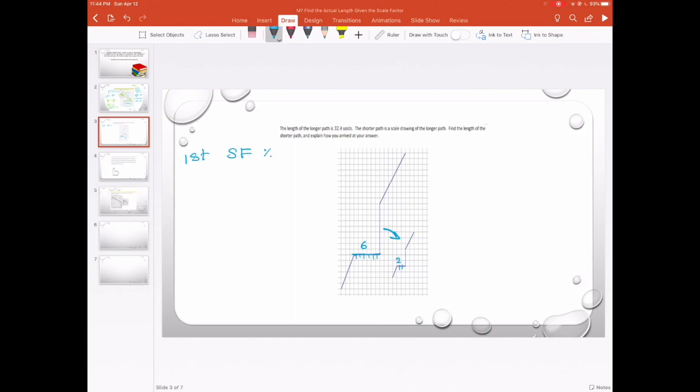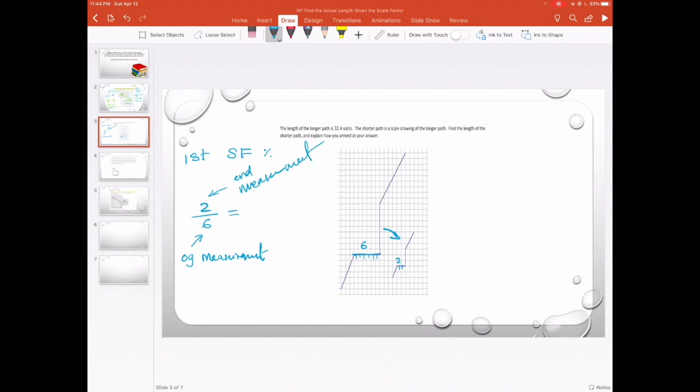It's a reduction, so I have to make sure my fraction looks like a reduction. The original starting point is always here, the original measurement. And this is the end point, the end measurement.